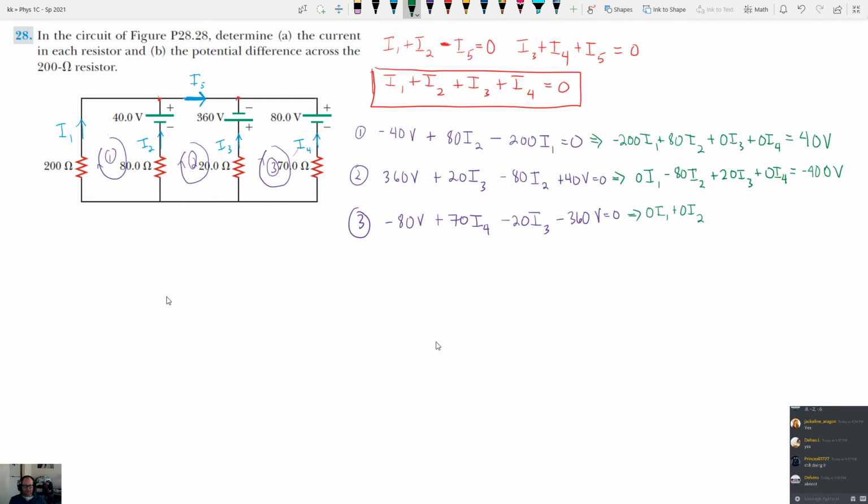And then negative 20 I3. And then positive 70 I4. Equals. All right, so 80 plus 360 will be 440. And it's going to be positive. Does that look right?